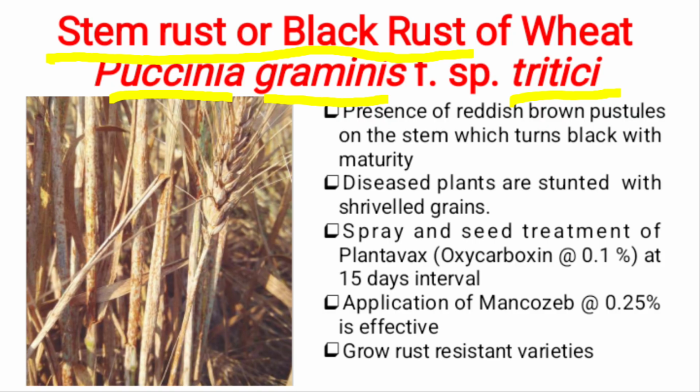For now, remember that rust spores are of two types: uredospores as well as teliospores. Since the teliospores appear as pustules on the stem portion of the plant majorly, it is known as the black rust of wheat and also the stem rust of wheat, right?